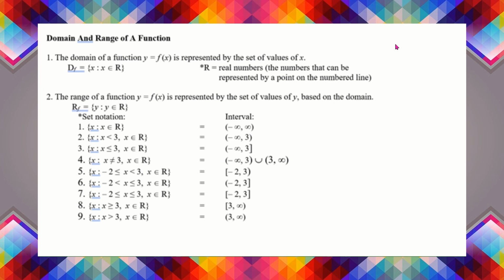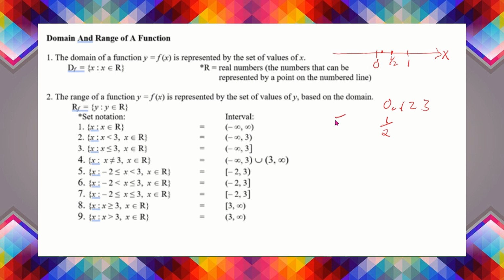So let's say we have the number line here. Any number that we can plot a point on the number line is a real number. For example, 0.123, you can plot somewhere here. For example 1/2, you can plot the point 1/2 here, and so on.